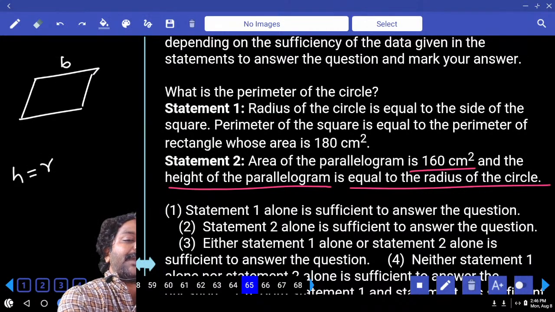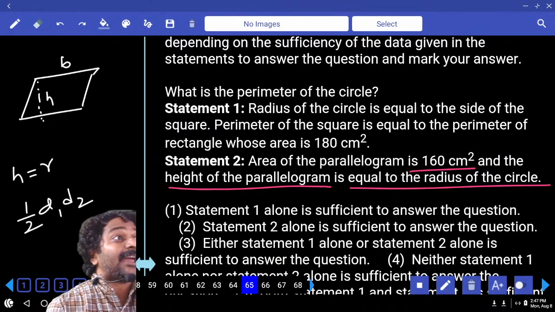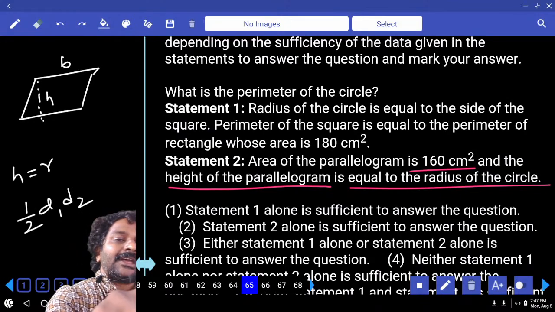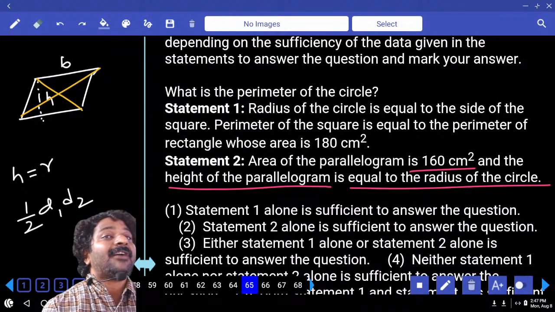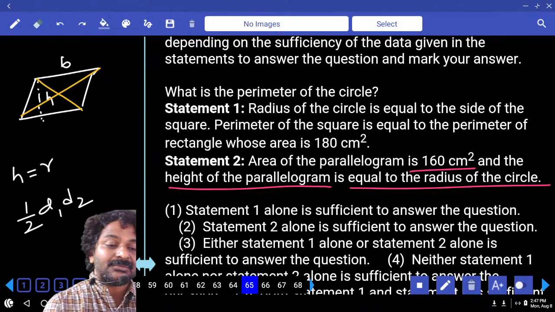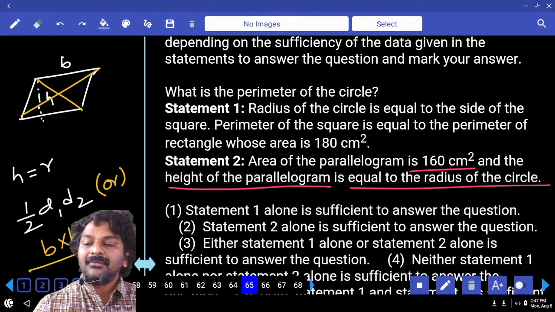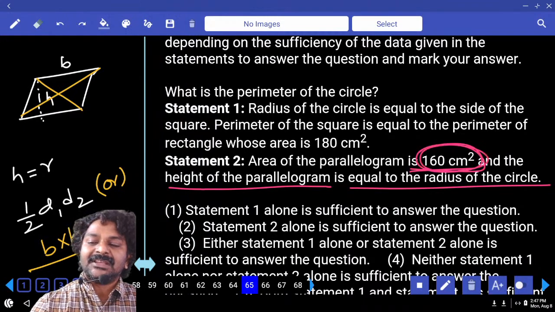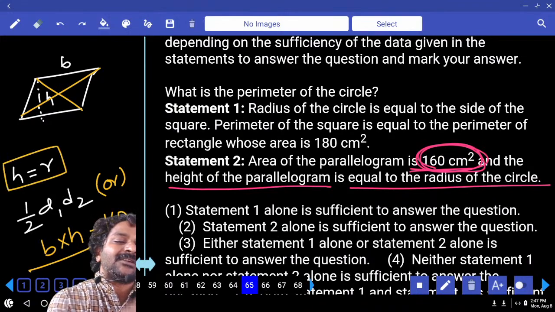Now, if this is breadth and this is height, for the area of the parallelogram the formula is half d1 d2 when you know the diagonals of the parallelogram, or we can write it as base into height. Now, the area mentioned as 160 can be treated as base into height because radius is equal to height.